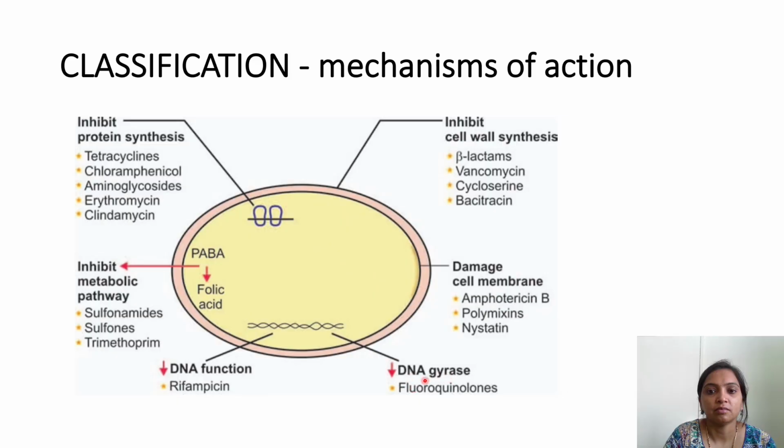DNA gyrase and DNA dependent RNA polymerase, which is inhibited by rifampicin. All these hamper the replication process of DNA. DNA gyrase is involved in removing the supercoiling that occurs ahead as replication moves on. It cuts or nicks and opens the supercoiling, whereas DNA dependent RNA polymerase is important in the elongation of the chain.